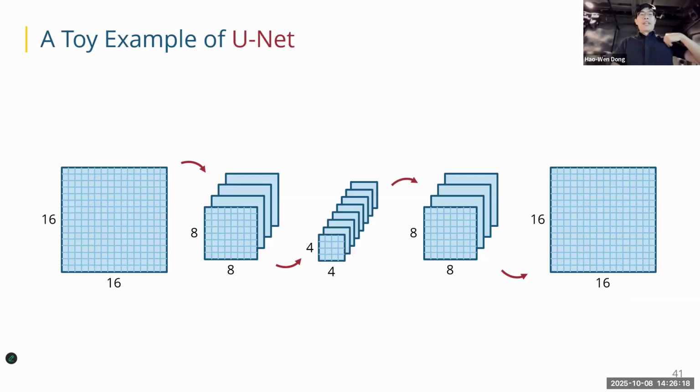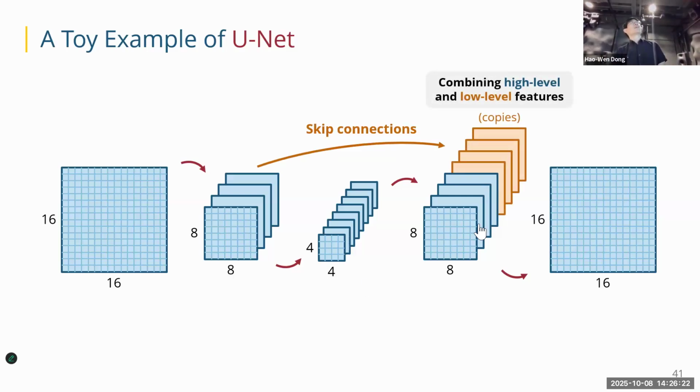So the idea of UNet is to have this skip connection, because these two things are essentially the same shape. You can grab these features, copy them, and put them here. When you are doing the last layer, you get information from the second last layer, but also from the previous one. Question on this? Basically, UNet is just combining high level and low level features at the same time.